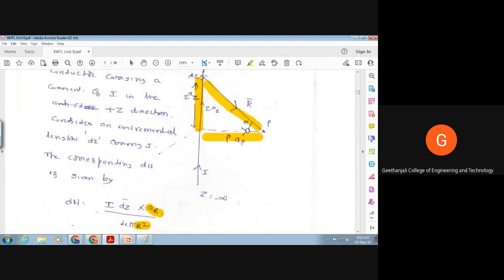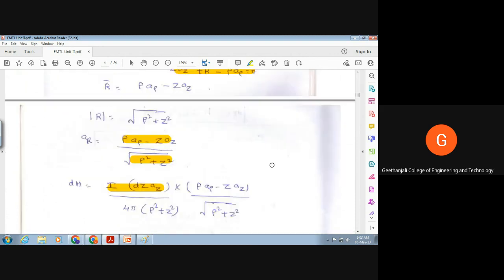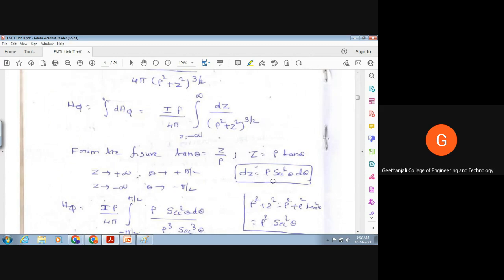if I define this angle as theta, what is tan theta? z by rho. So what is z? Rho tan theta. If I differentiate both sides, dz is equal to rho secant square theta d theta. What is rho square plus z square? Rho square plus rho square tan square theta.